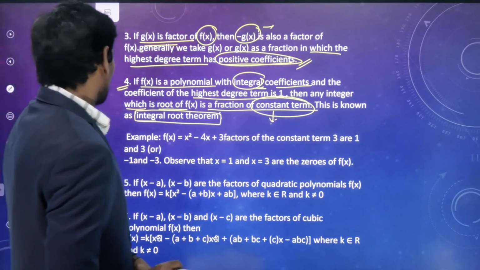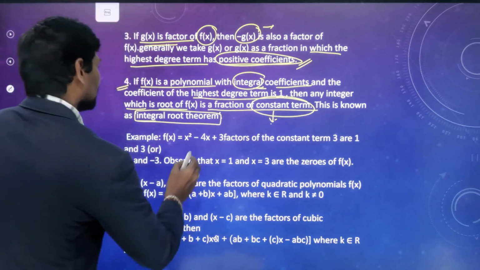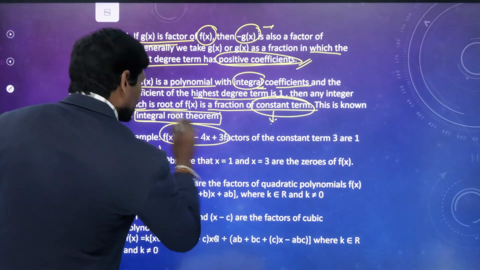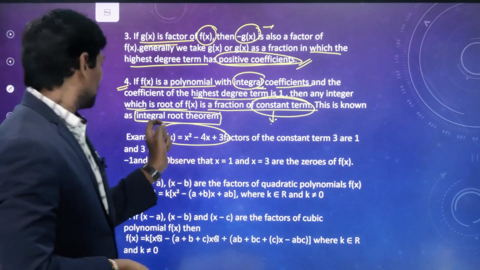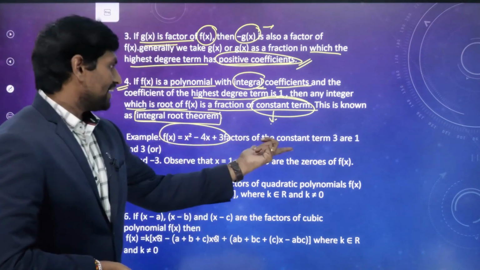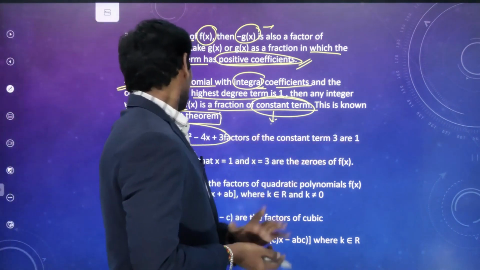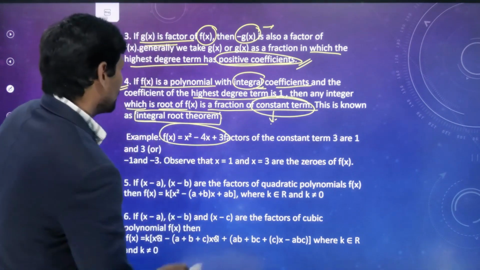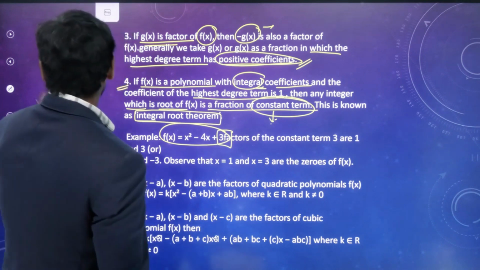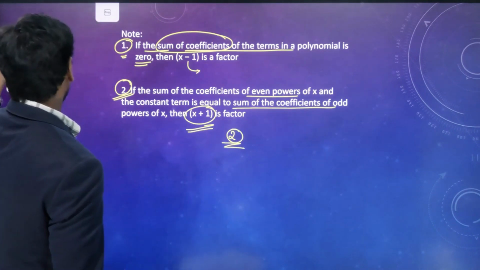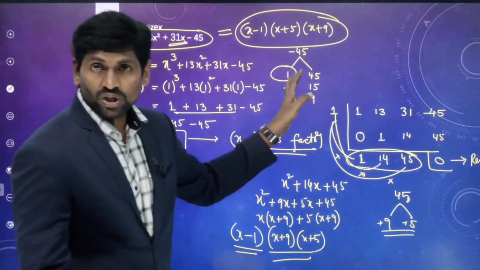Yeah. So let us see, f of x equals x square minus 4x plus 3. Let us take a quadratic polynomial, and the factors of the constant term are 3 and 1. While taking the constant term 3, as we discussed in the previous problem, where we had 45 as the constant term, we check all the factors.